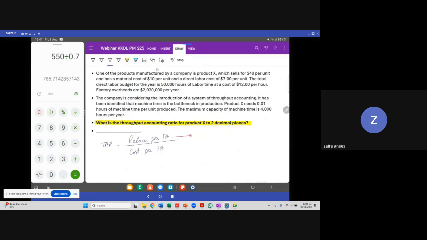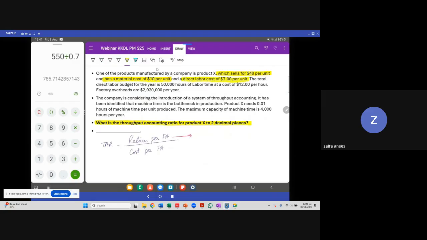Return per factory hour. For this, we need three things: selling price, direct material, and bottleneck per hour, right? Selling price is 40 per unit, material cost is 10 per unit, and direct labor cost is 7 per unit. Direct labor cost per unit is given, but probably we will not deduct it.